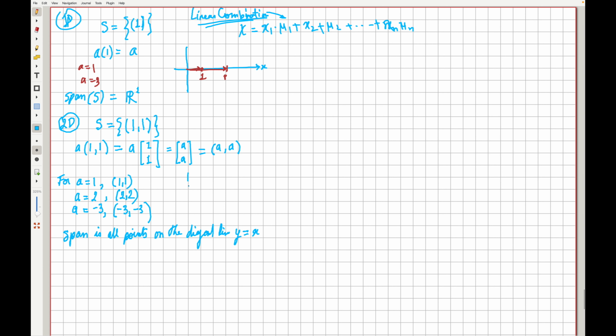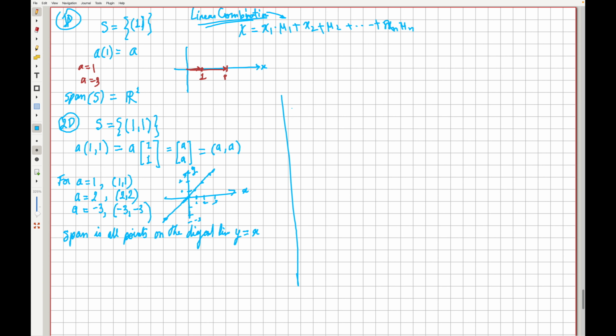And if we try to plot this, if we have 1 1 like this, it's going to be this point, 2 2 is going to be this point, 3 3 is going to be this point, and so that line would stretch something like this, and likewise on the negative side as well, -1 -2 -3 and so on. So that was the second example where we looked at a 2D case with just one basis vector.